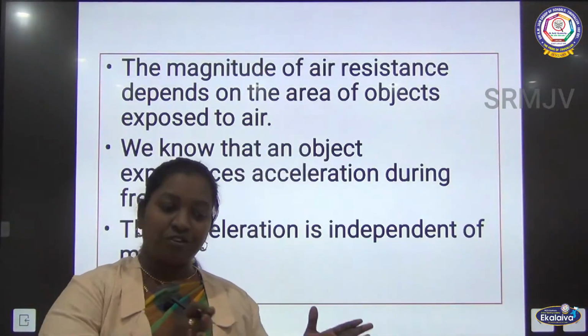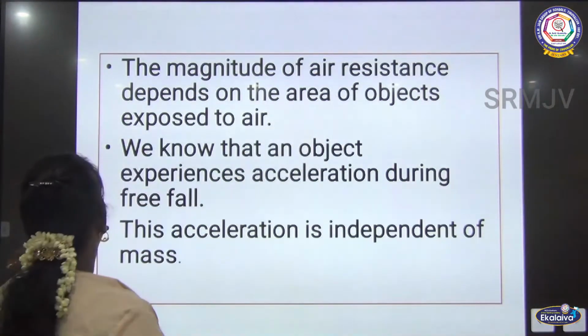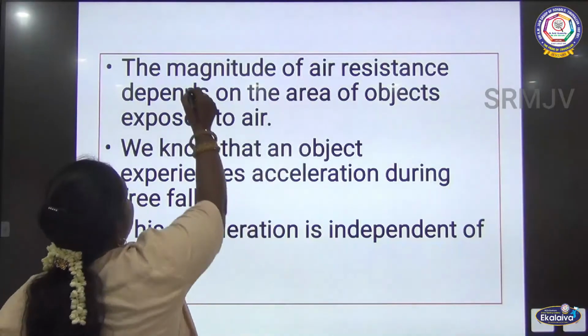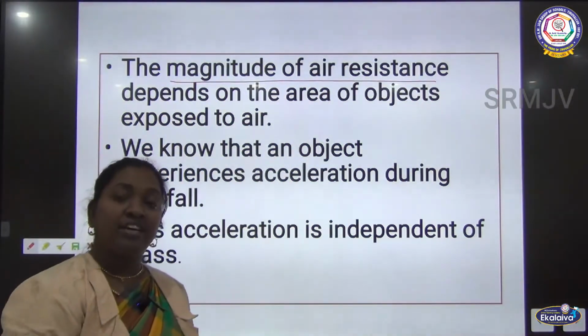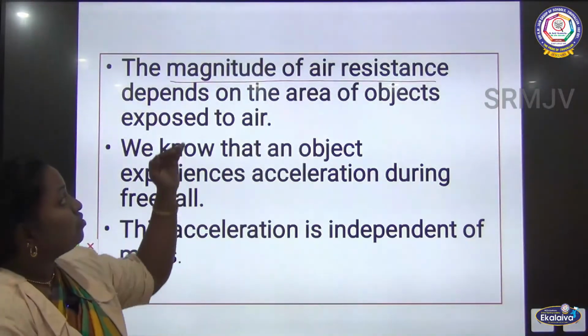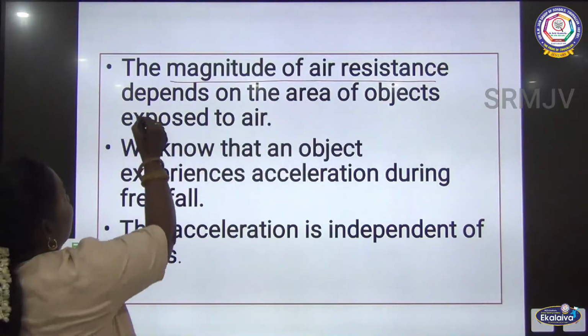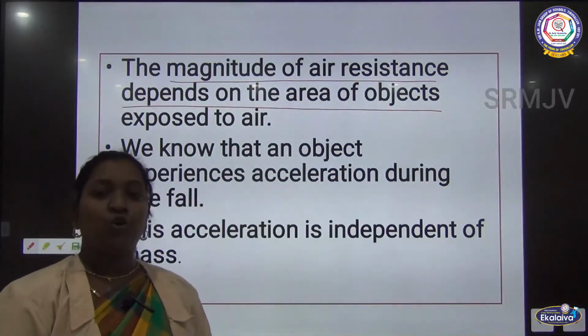I have told you about the absence of air and the presence of air. In the presence of air also, the magnitude of air resistance, the direction, the size, all this depends on magnitude. Air resistance depends on the area of an object.